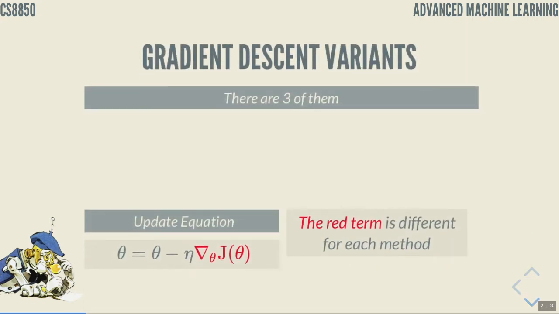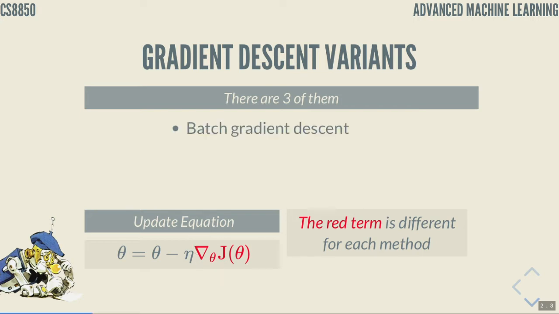Gradient descent. There are a few gradient descent variants, and they differ in what is used as the gradient of the objective function when it is plugged into the update equation.